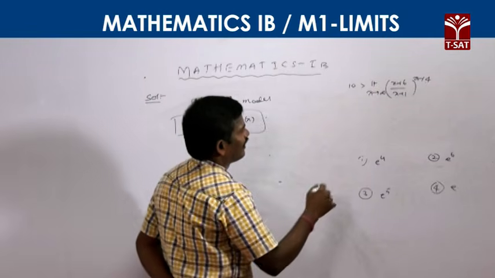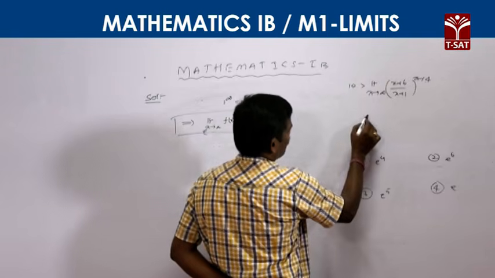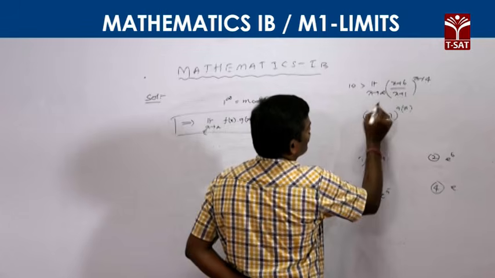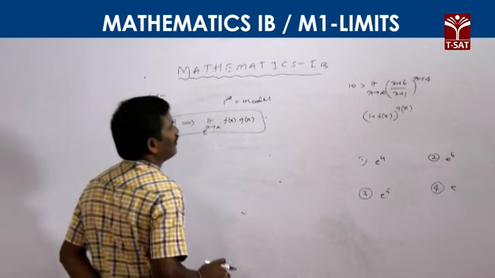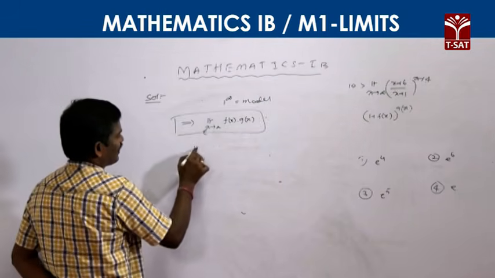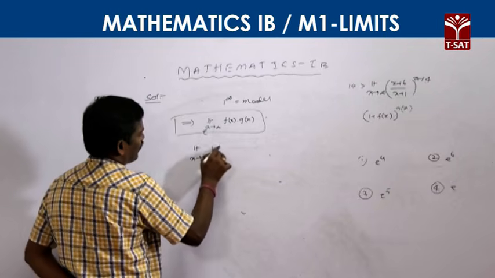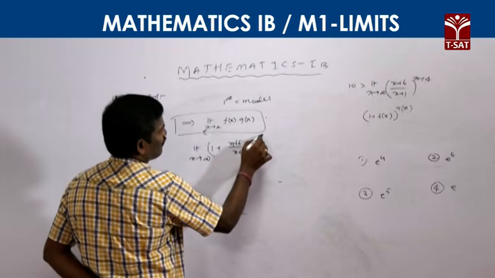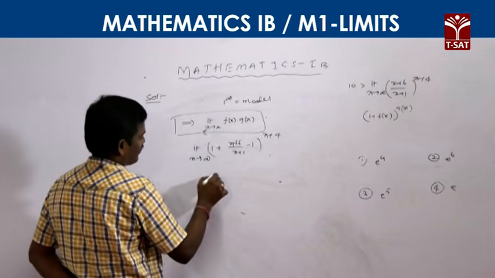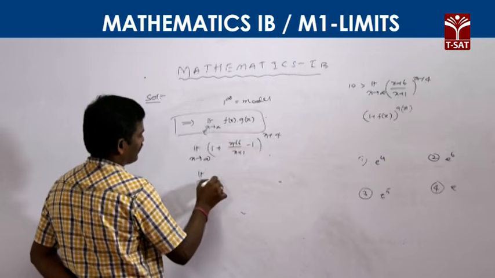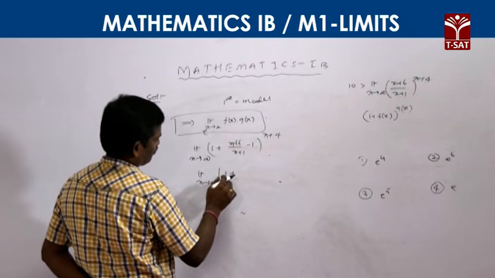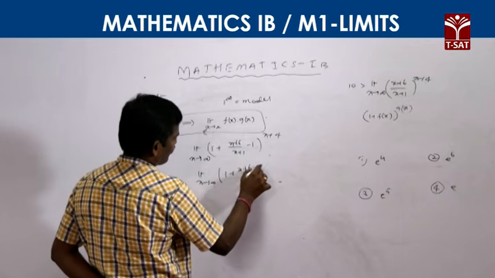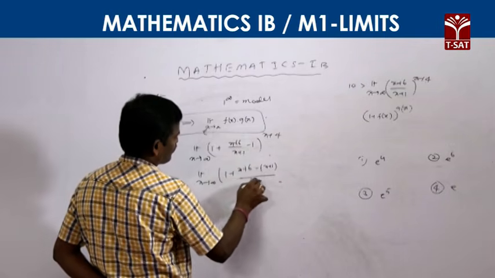So here we need to identify the first function. It is not compulsory first, it should be in the form of f of x to the power g of x model. For this we need to add and subtract 1 in inner side bracket. So limit x tends to infinity, 1 plus x plus 6 by x plus 1 minus 1 to the power x plus 4. So here limit x tends to infinity, 1 plus x plus 6 minus of x plus 1 by x plus 1.